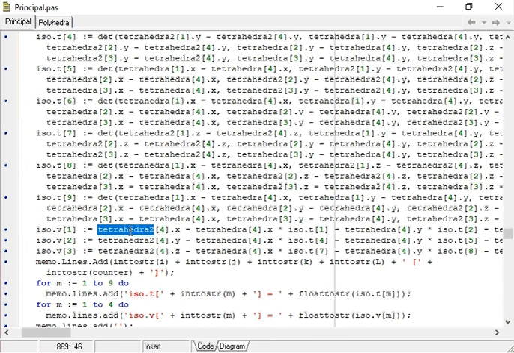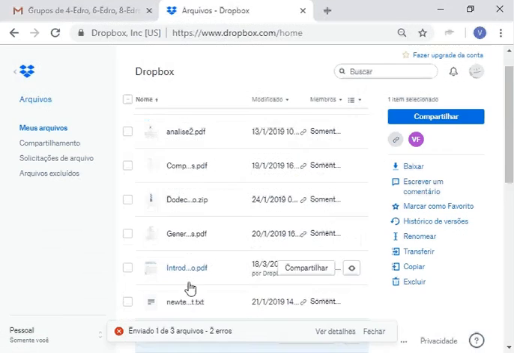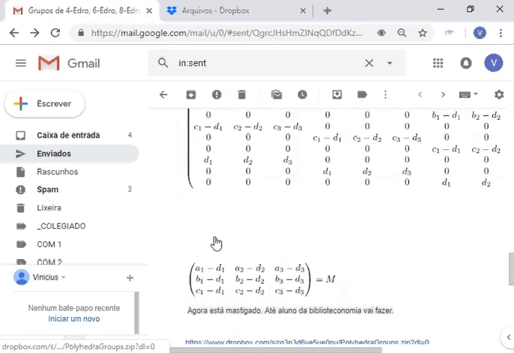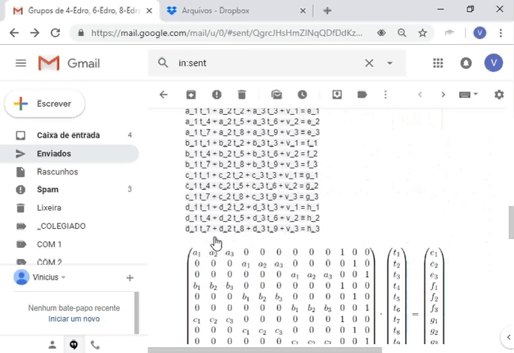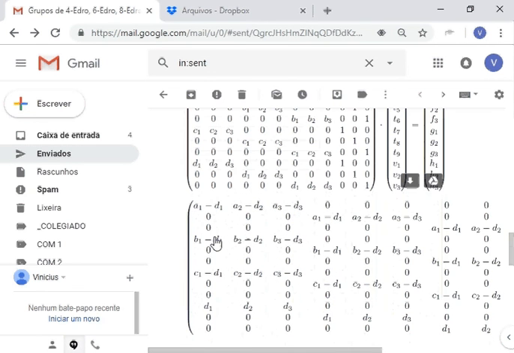By our matrix, we get H1, D times T, D times T, D times T, and here we have V1.